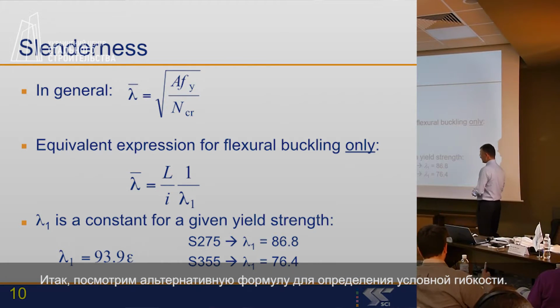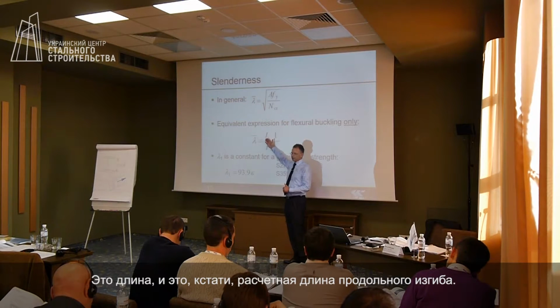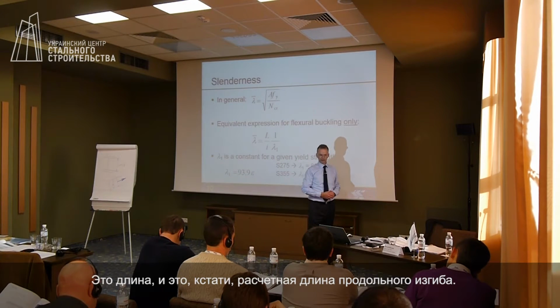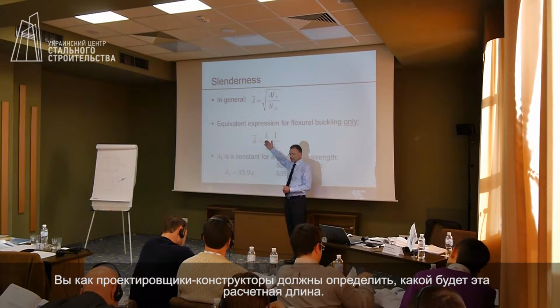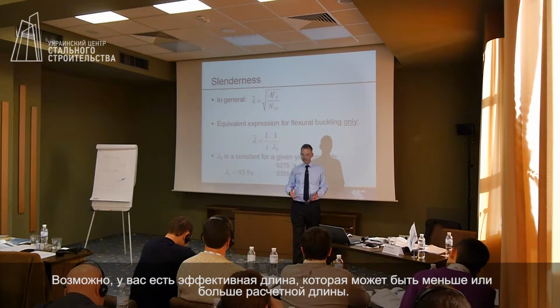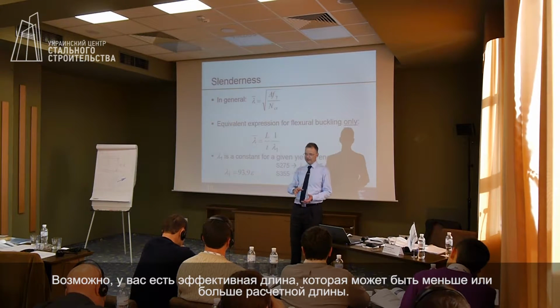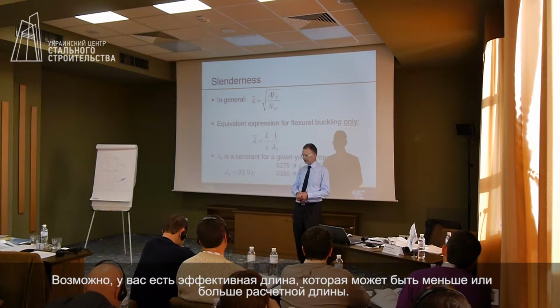So the alternative expression then is the length, and that would be the buckling length, by the way. So you as designers must decide what the buckling length is. You might have the concept of an effective length, which might be less than the system length, or might actually be more than the system length.